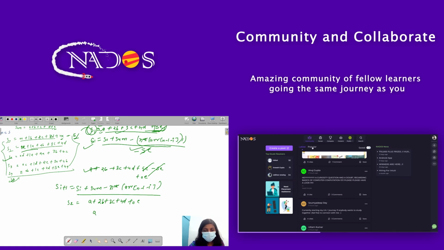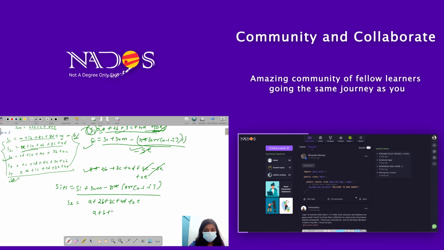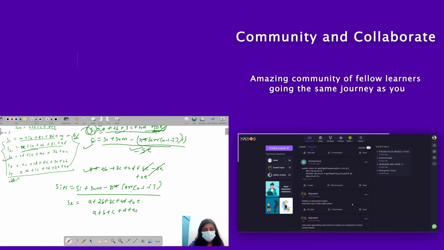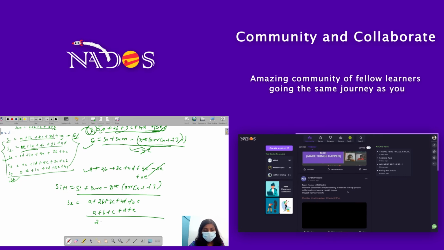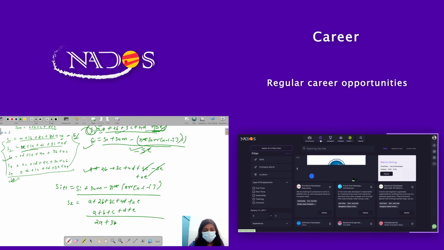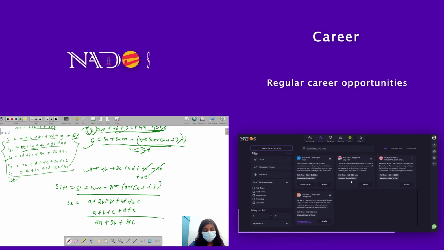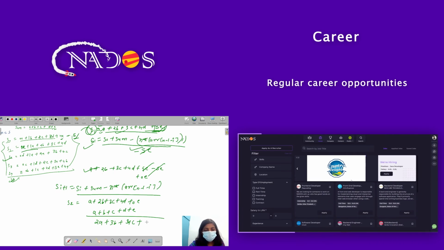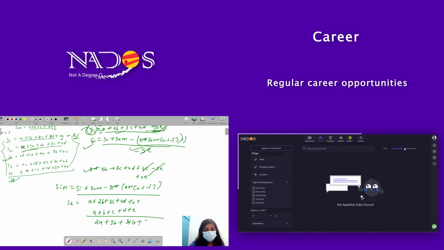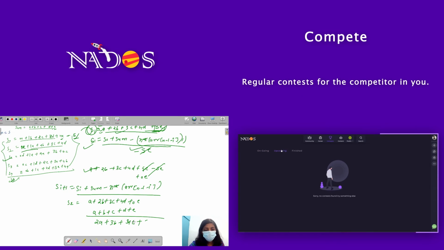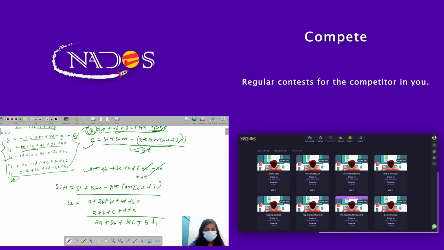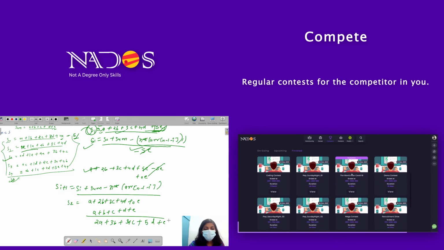If I add my sum to this, A plus B plus C plus D plus E, I get 2A plus 3B plus 4C plus 5D plus E, right? Which is nearly equal to S2.